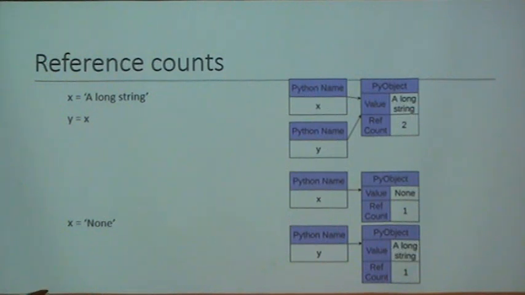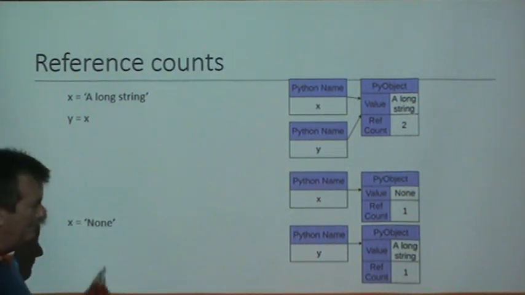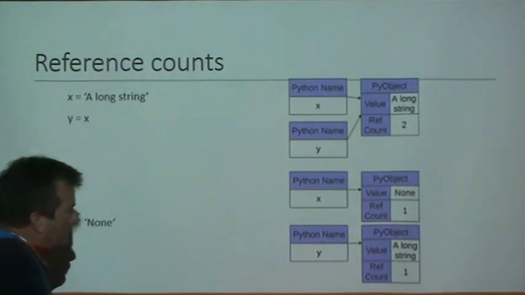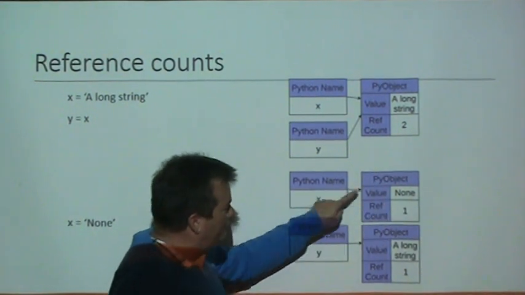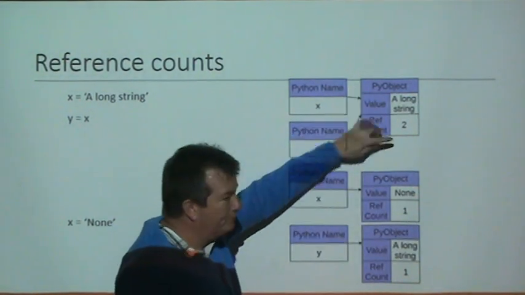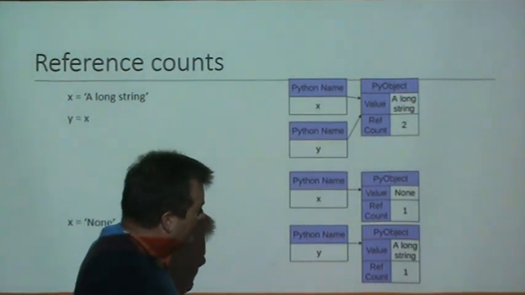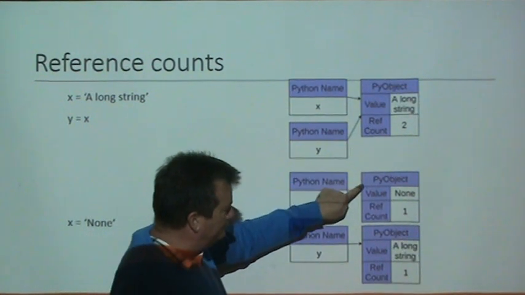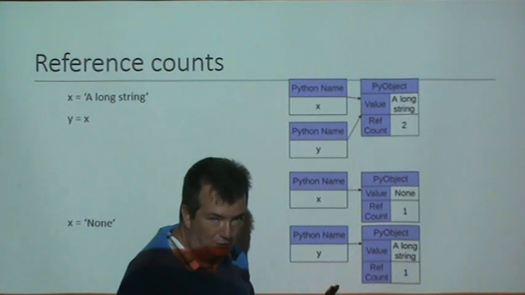Suppose later on, x is equal to None. That means x is now referring to a different piece of storage. We create a different piece of storage whose value is None, and x refers to that object, while y still refers to the long string like it used to.